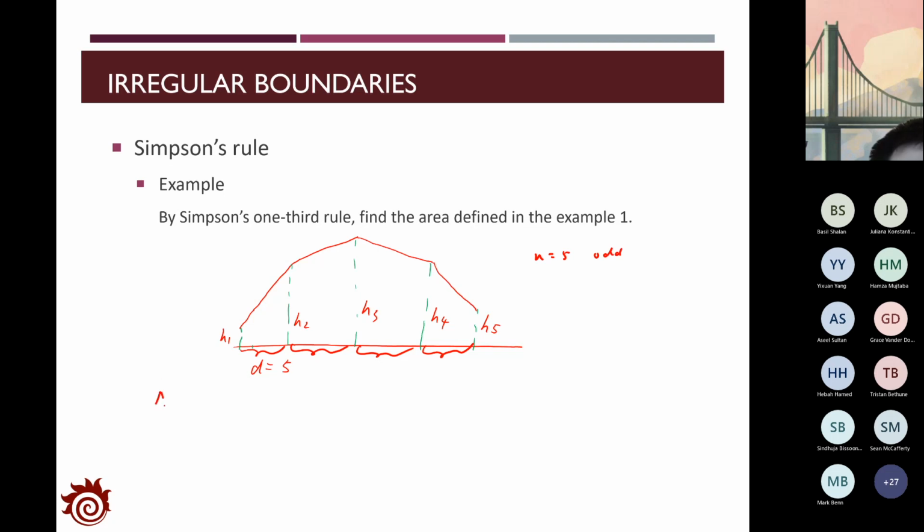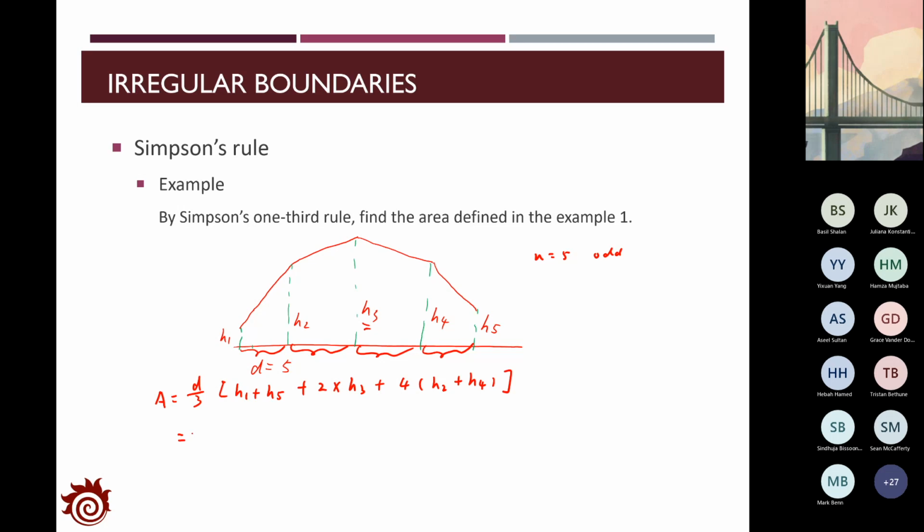So the equation is A equal to 1/3 of d times (h1 plus h5 plus 2 times the summation of all the other heights with the odd index, which in this case is only h3, and then 4 times (h2 plus h4)).